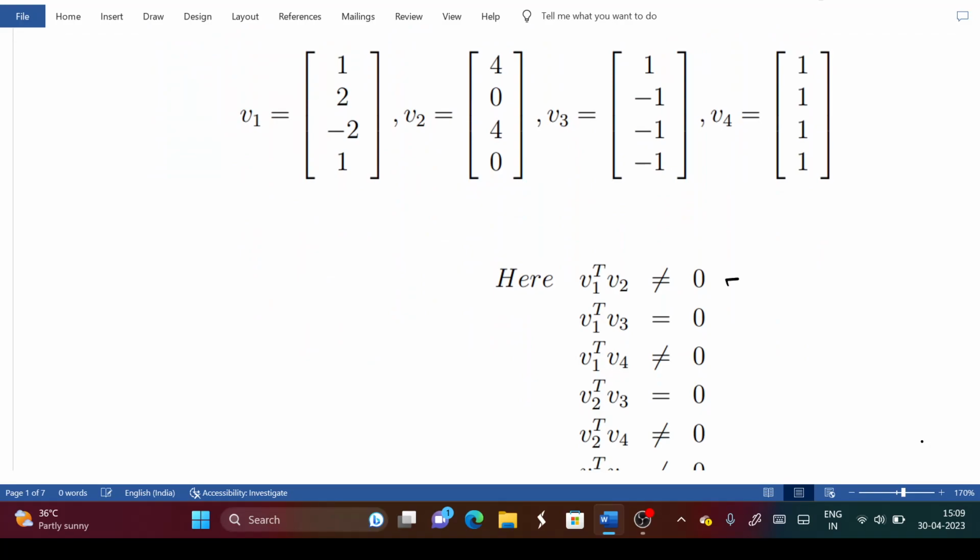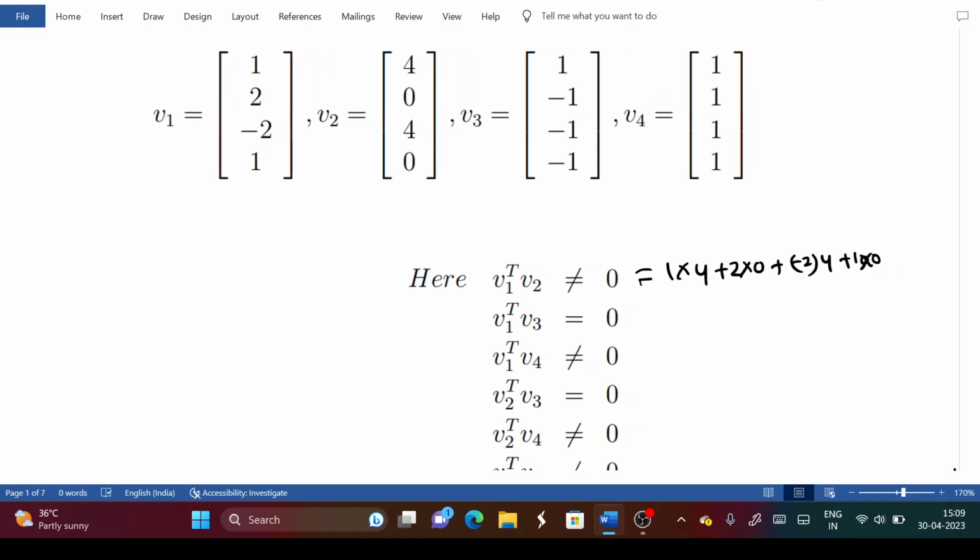It is 1 into 4 plus 2 into 0 plus minus 2 into 4 plus 1 into 0. That means these two are 0, it is minus 4. So it is non-zero.